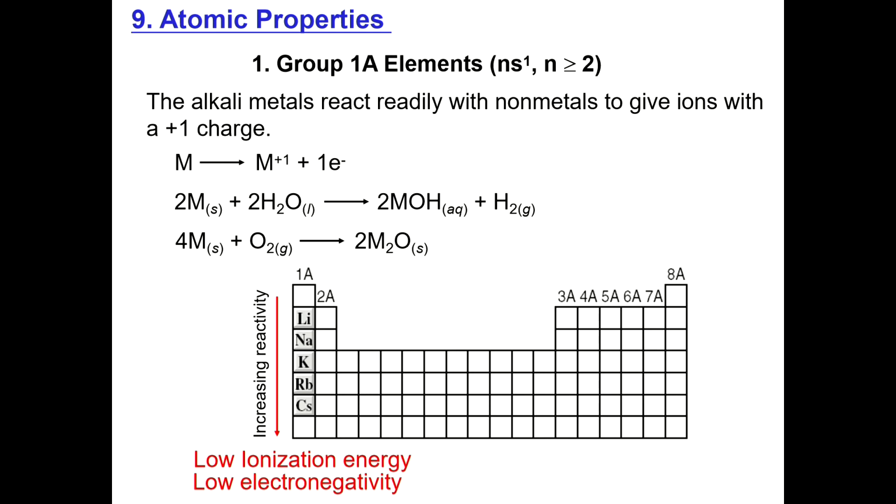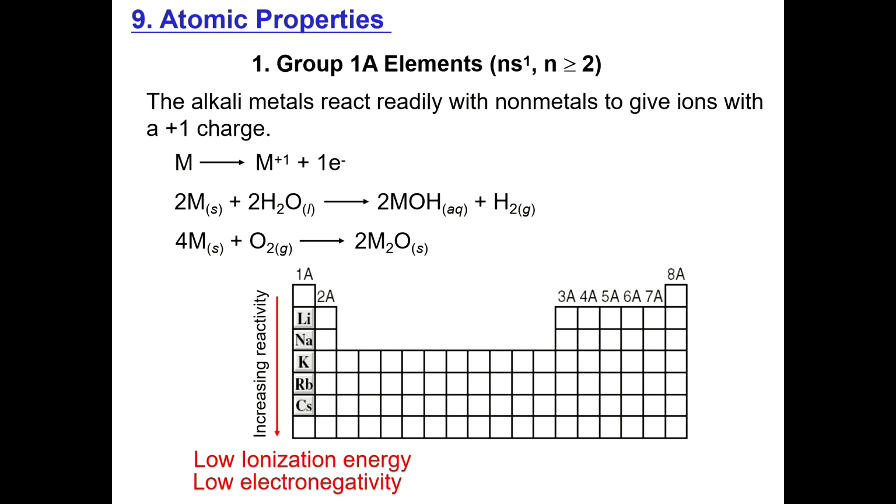For group 1A, the electron configuration is ns1, right? So ns1 means it's easy to lose this electron. So it shows a +1 charge, and it's very active. For example, it can directly react with water and form a compound.